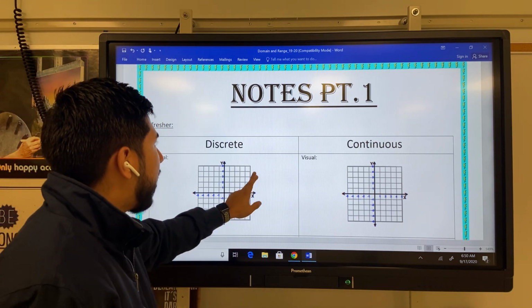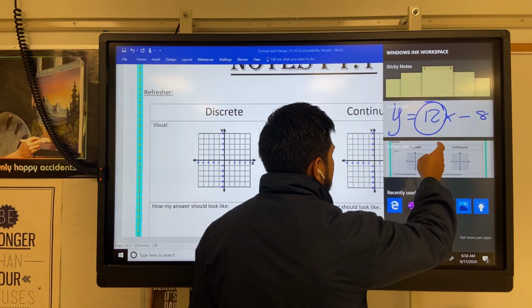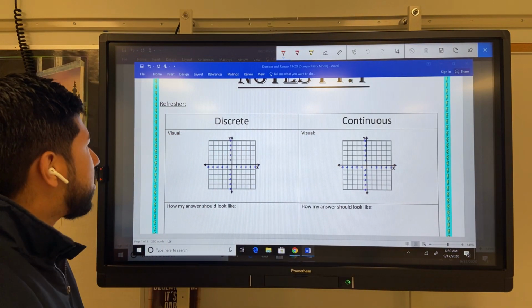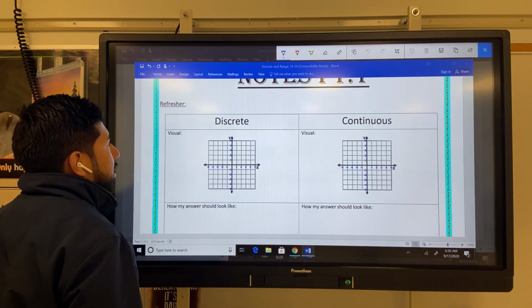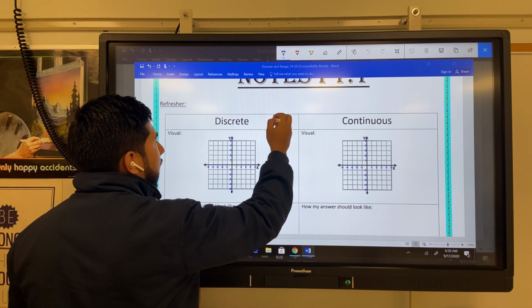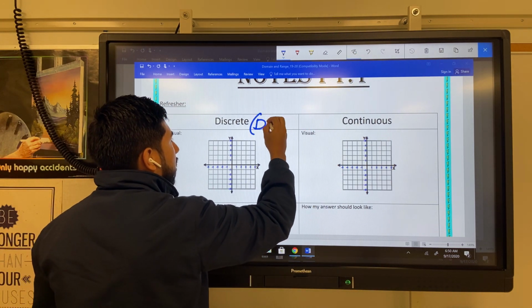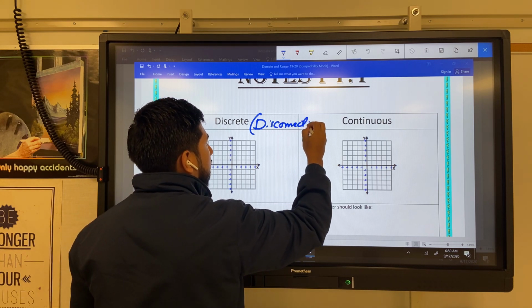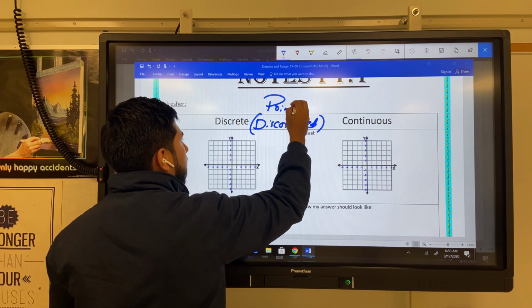So let's go over a couple things about discrete and continuous. This is what we were doing yesterday and the day before. All right. So you need to remember that discrete are disconnected, which are basically just points.